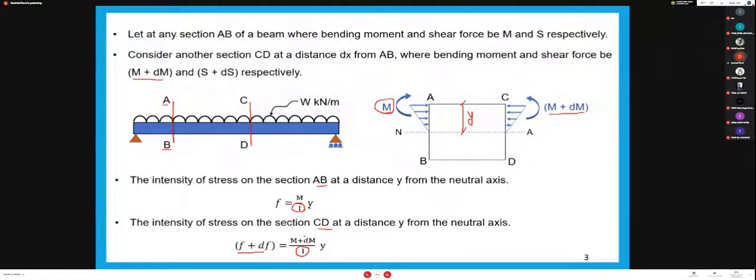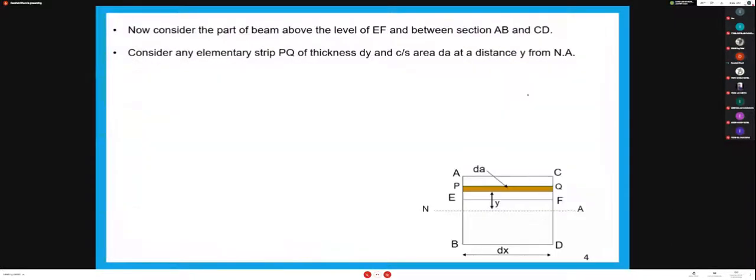So only the moment changes, and according to the change in moment, stress changes. So we have defined these two stress values: this is the stress at AB and this is the stress at CD.